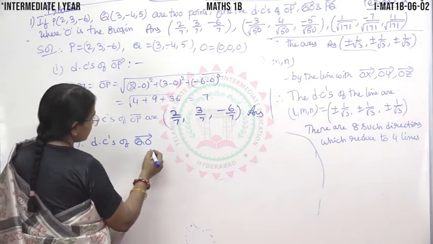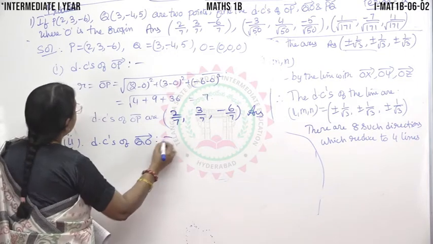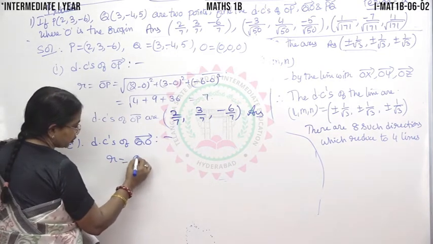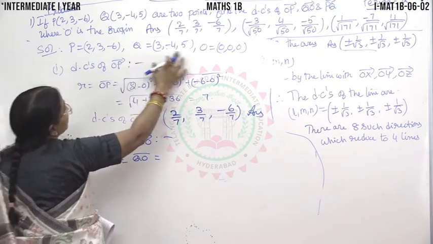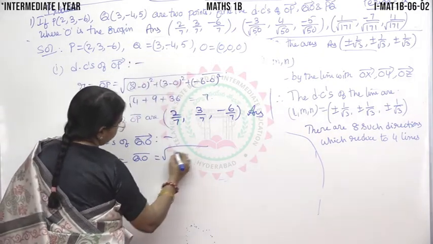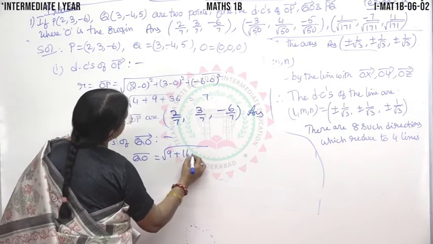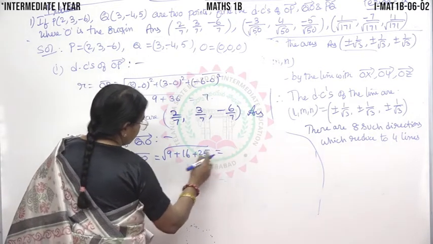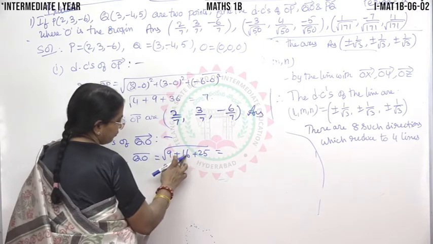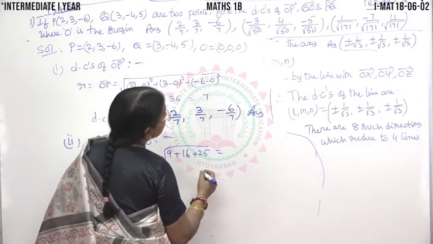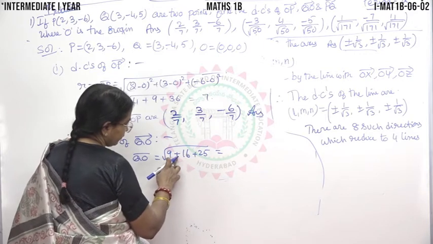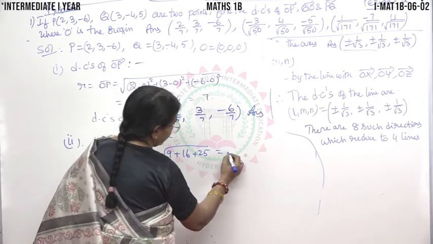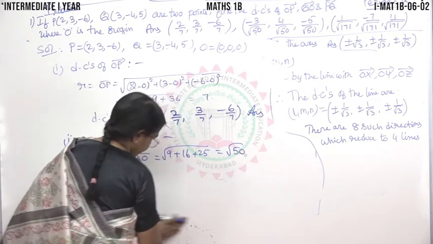QO is again the same. We will find R. R is the distance QO. In the same manner, you find the distance between Q and the origin. So it is root of 9 plus 16 plus 25, which is 50, root 50.